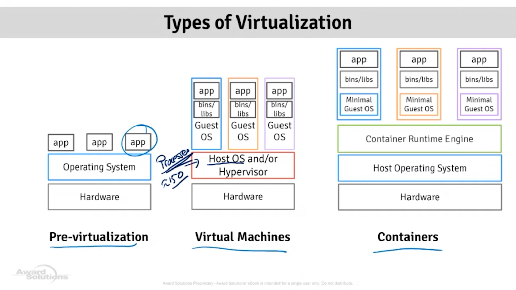If I go and do the same thing from inside of this container, and this gets us to this minimal guest operating system, just that bare minimum that you need to work. What are those few libraries that you need to work? I can have this as small as less than 10 processes running. So there's a lot of stuff that's running that I don't need. And that's really what I mean by that minimal guest operating system that we see here.